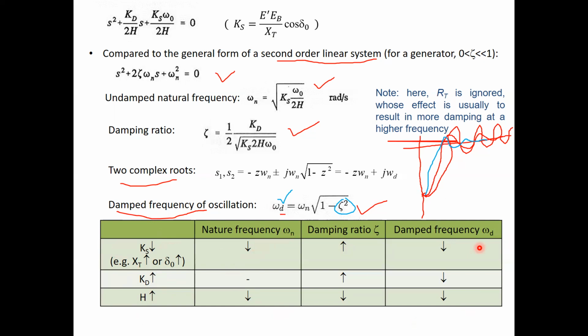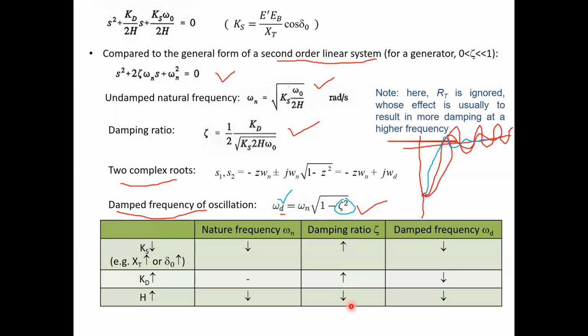Anything here? Hello. Yes, from what you have explained thus far, for the mathematical expression with respect to the inertia and the damped frequency, you said when the inertia increases, the damping ratio decreases. This is what we understand.